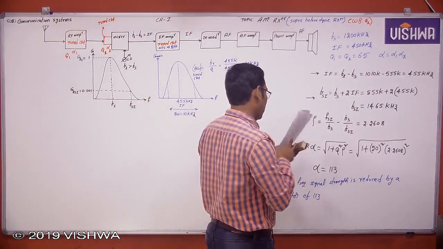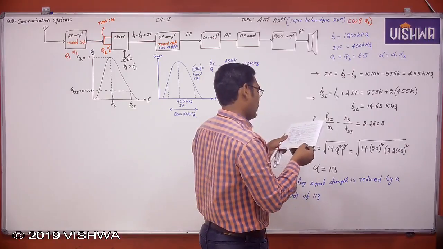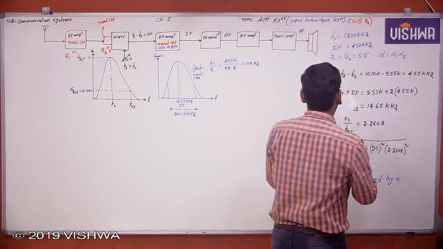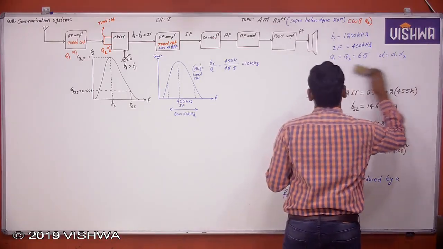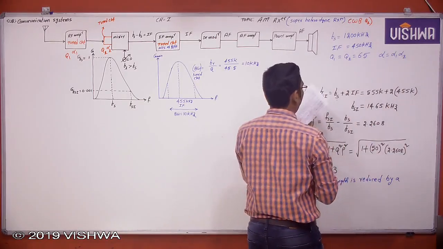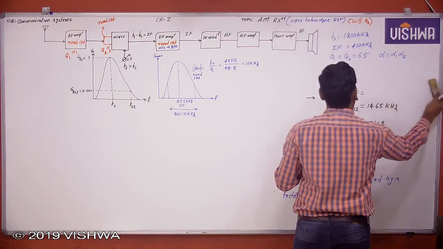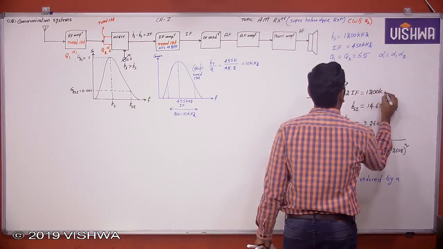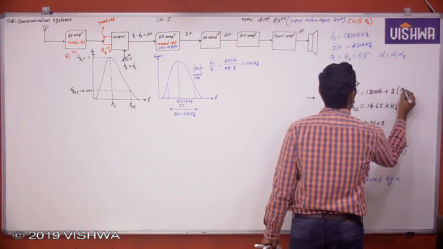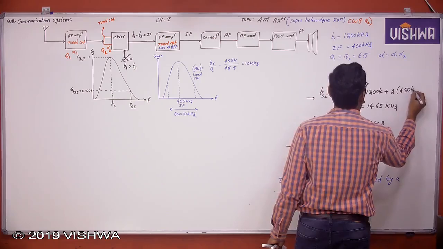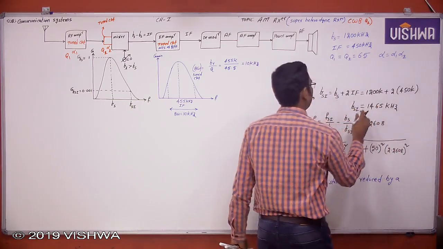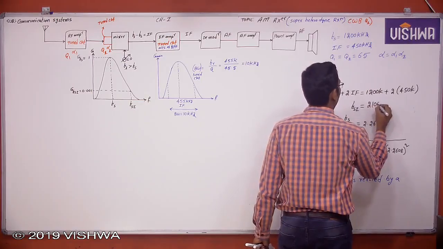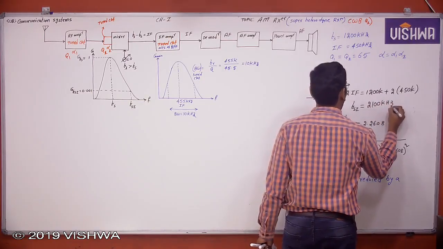But what is he asking? He is asking to determine the image frequency and image rejection ratio. So what is the image frequency? The image frequency is Fs plus 2 into IF. Fs is 1200 kilohertz plus 2 into IF, 450 kilohertz, that is 900 plus 1200, which is equal to 2100 kilohertz, that is FSI.